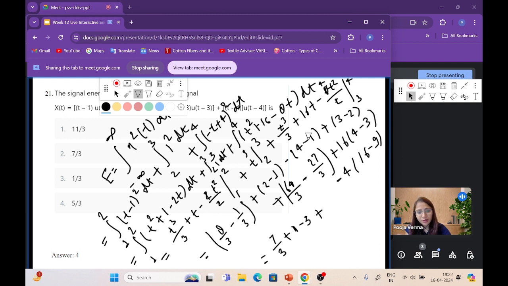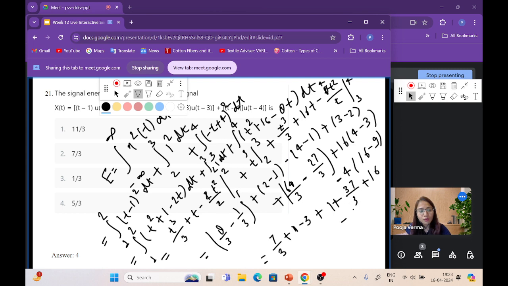Now here 3 minus 2 is 1, plus what will we get here? 64 minus 27, the denominator is equal, so here we will get 37 by 3. Here 16 only, 4 minus 3 is 1, so 16.